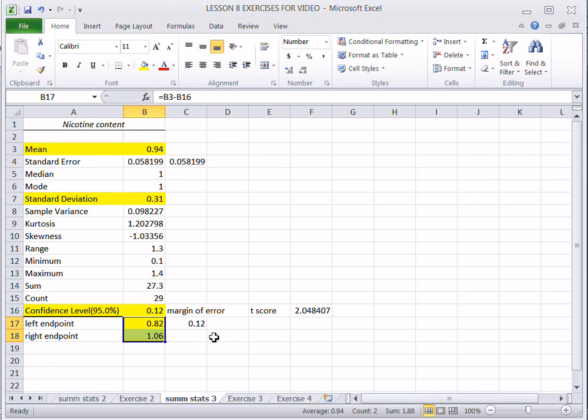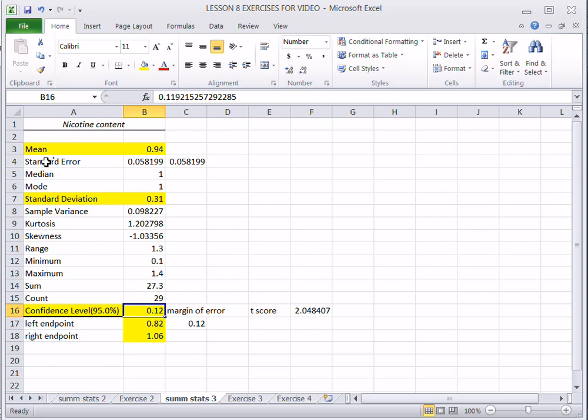Hope I didn't go through that too quickly, but I wanted to give you lots of examples, at least the 3 examples, so we can see the difference between how much just the individual nicotine contents could vary versus how much the average of nicotine contents could vary, and then how that helps us find that maximum likely distance.